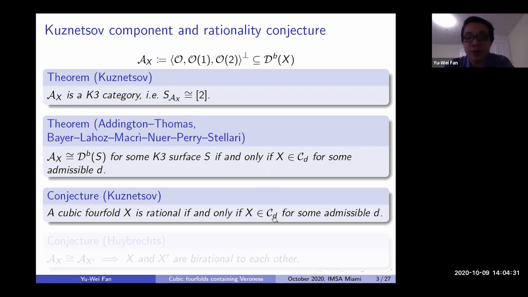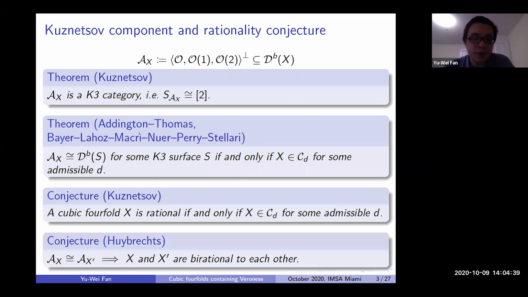There's also a related conjecture about the relationship between the K3 category and the birational geometry of cubic fourfolds, by Huybrechts: if two cubic fourfolds have equivalent K3 categories, then they are birational to each other. These are some backgrounds on cubic fourfolds that I want to recall.